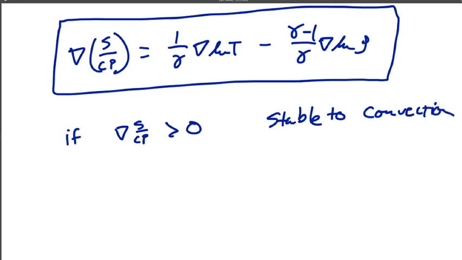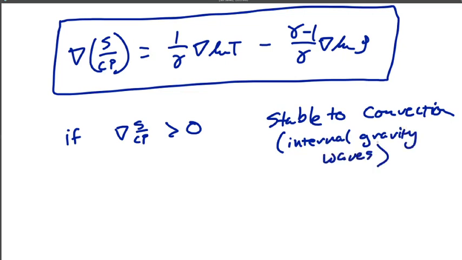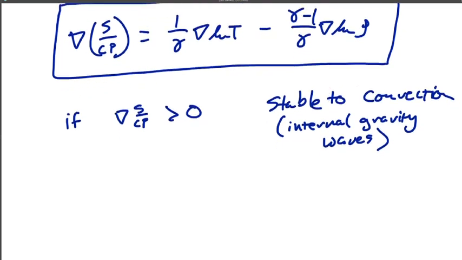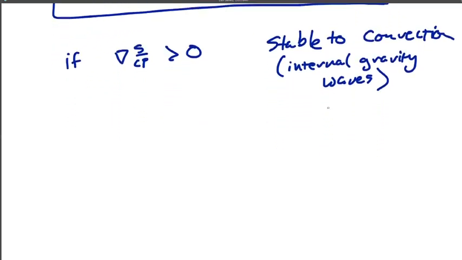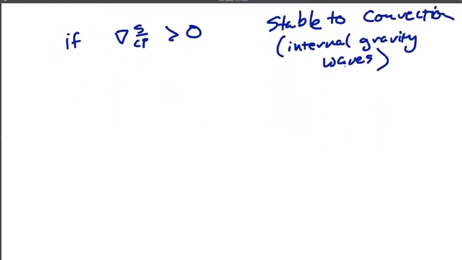And when we're stable to convection, we actually get a class of stable oscillatory waves called internal gravity waves. And we get linear waves that can show growth and eventually nonlinear behavior, but we basically just have linear waves.